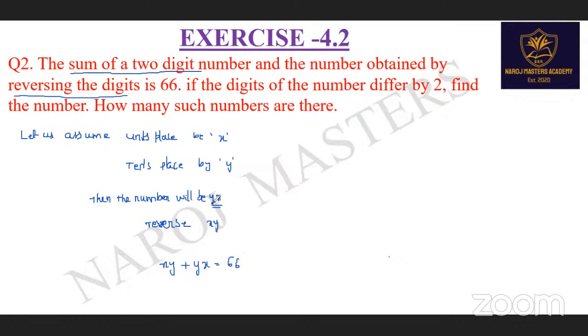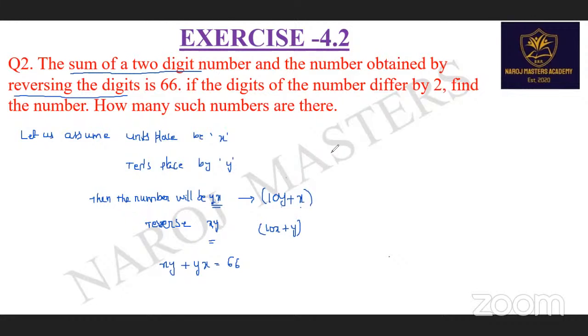According to this, the value of the first number is 10 times y plus x. This is tens place and this is ones place. What about this number? This is 10 times x plus y. This is our first number and this is our reversed number. So the sum of these two numbers is equal to 66.